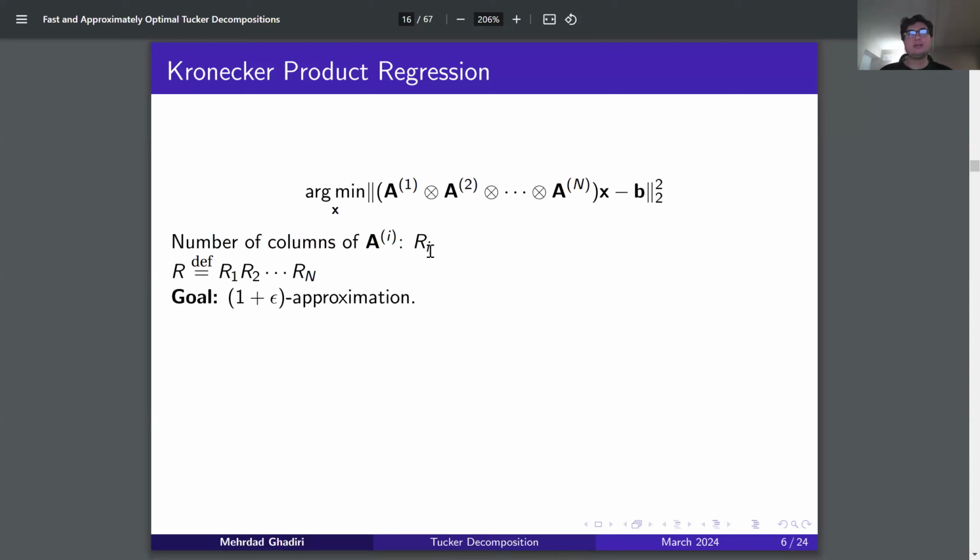That's perfectly fine, at least for the tensor decomposition case. In other Kronecker product regressions, it might not be the case, but here it is. And then I define R to be R_1 times R_2 times up to R_n. This is essentially the number of columns of this Kronecker product.